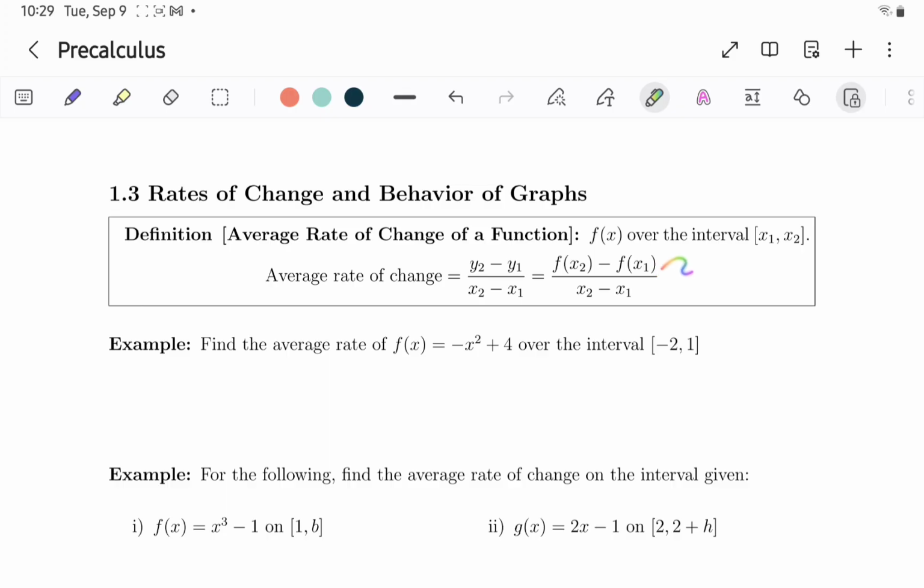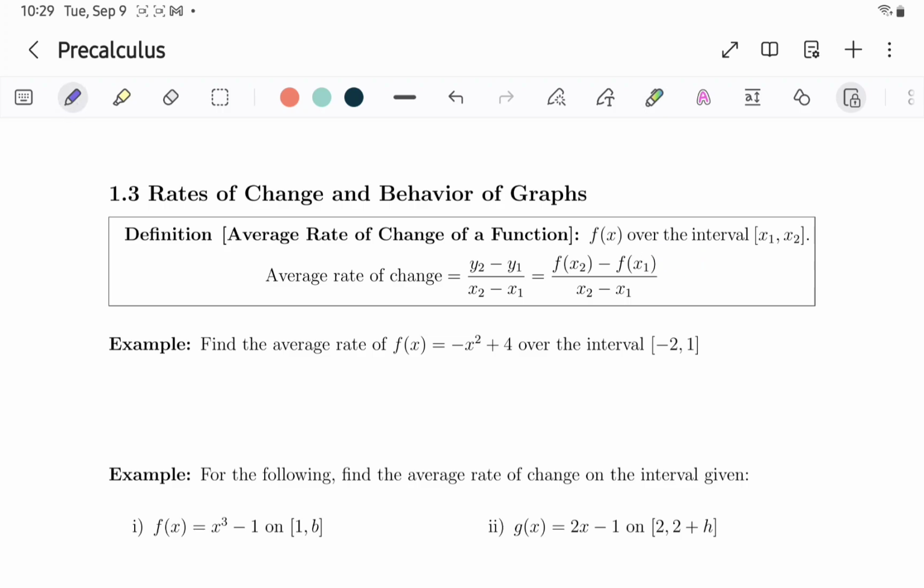And again, the reason that this looks so familiar to the slope formula that you know from linear functions is because this is just the slope of the secant line connecting those two points, (x1, f of x1) and (x2, f of x2).